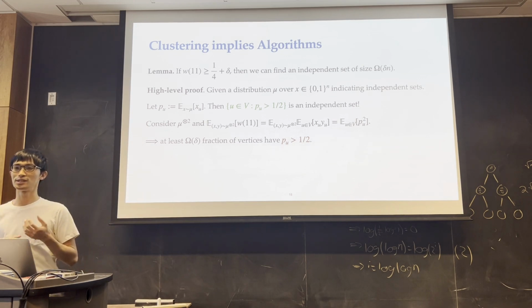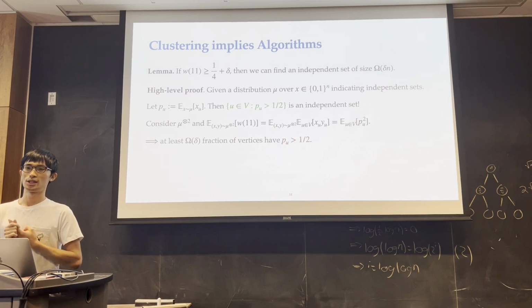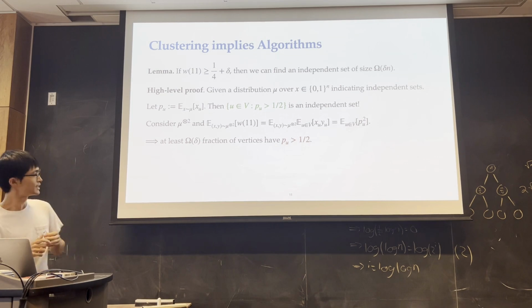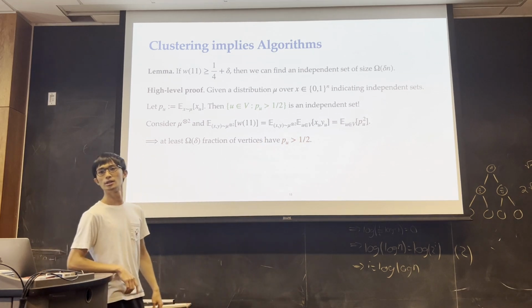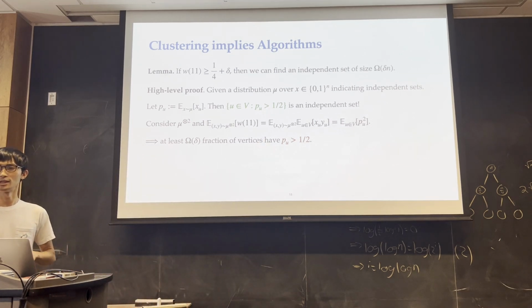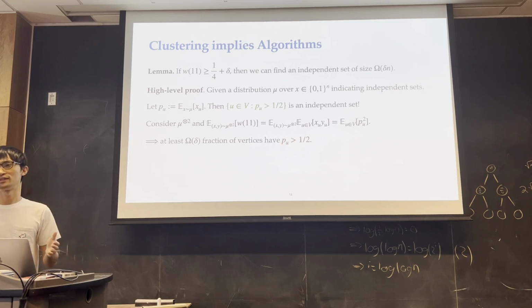Remember that the lemma is that for 3 independent sets, 2 of them have large intersection. So it's not as easy as just replacing mu with mu tilde. It's not exactly the same, so there's some additional work to be done. But this is the high level idea.